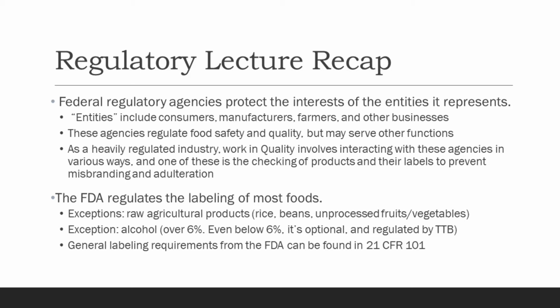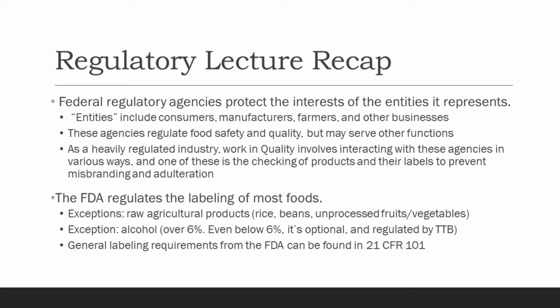Then, in that case, the entities that the agencies represent are the wine and olive oil industries, respectively. And the food industry is heavily regulated, so if you were to work in quality or really any food scientist position, you may be interacting with government agents frequently at all levels of government, from city to state to federal. So it's important to be able to learn what they do, what they function, the different laws that you may need to follow, so on and so forth.